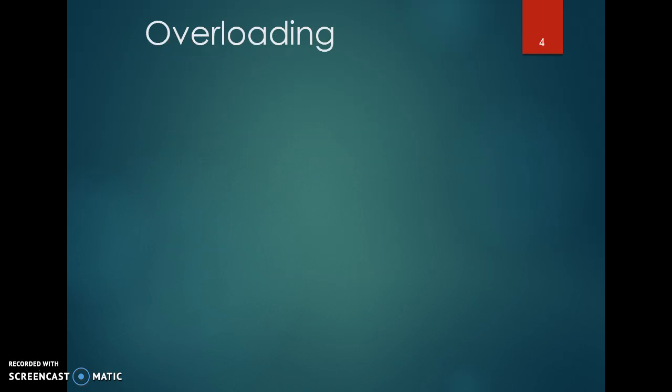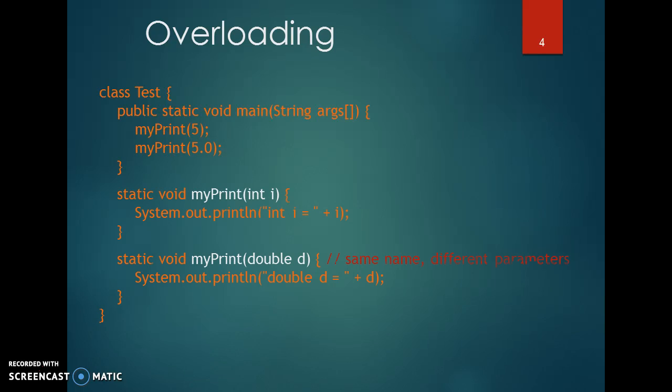Now we are going into the detail of overloading. Suppose this is an example class Test, where I have declared two methods having the name myPrint. One of them takes one integer parameter and the other one takes one double parameter.